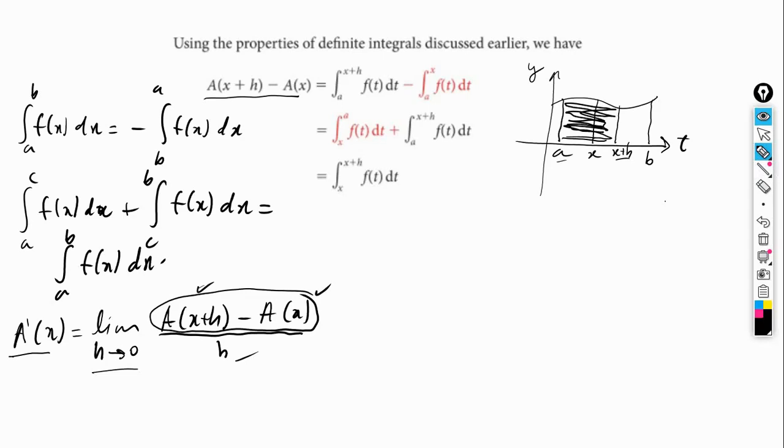But what happens if we subtract this part? If we subtract from a to x, we're only going to be left with this part over here, from x to x plus h.